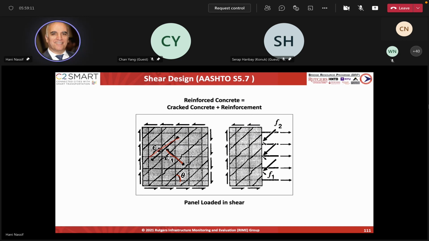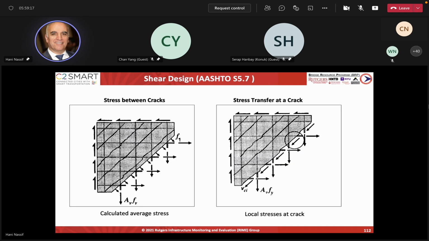And he tried to fit those into the compatibility of the strain. And he said, okay, if I look at the stress between the cracks, I can find that the rebars here should be resisting the shear with this mechanism, which is F1 in this way, and the resistance to cracking is the shear reinforcement.